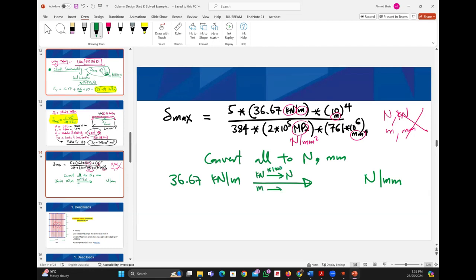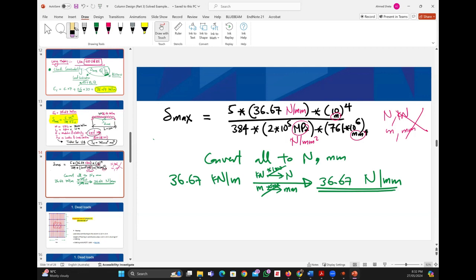From meter to millimeter, we also need to multiply by 1000. But here meter is in the denominator, so the 1000 will cancel with the 1000, so it will be the same value. So the value in kilonewton per meter is equal to the value in Newton per millimeter. Are you okay with this one? So this one is the same in Newton per millimeter.